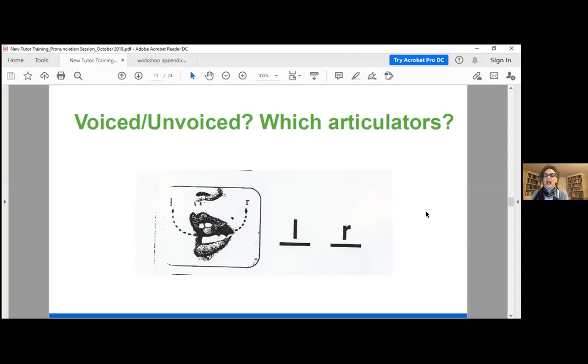L is L and R is R. Can anybody feel what the tongue is doing differently? In and out. Forward, backward. Very good. The L is forward and the R is backward. So if you're teaching these sounds, that's a good way of presenting it.